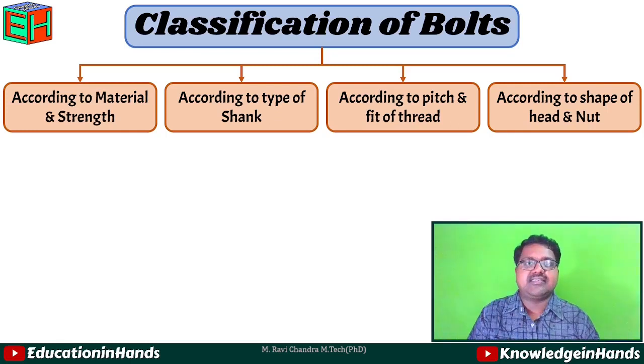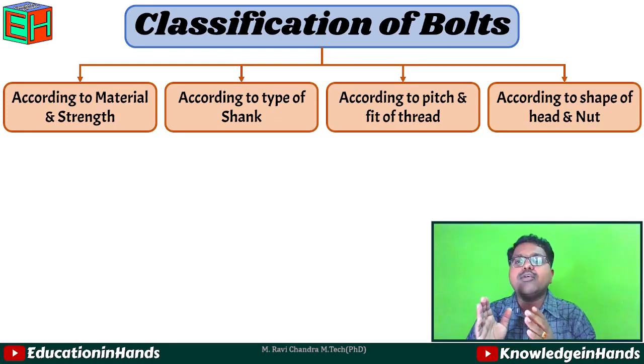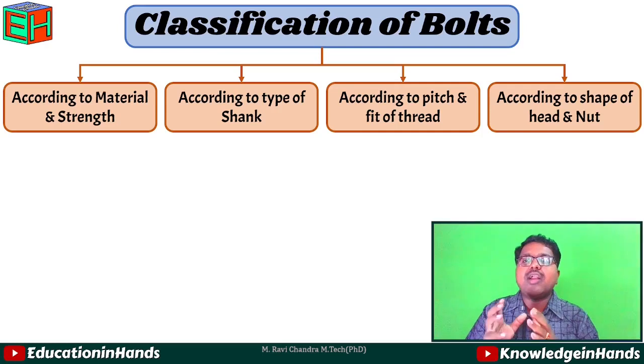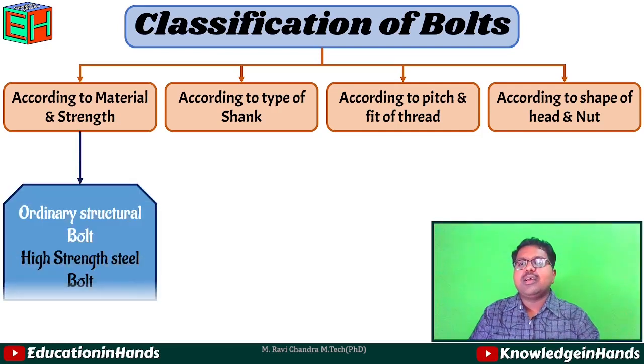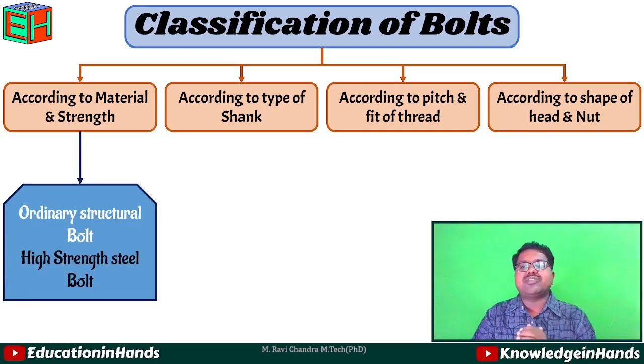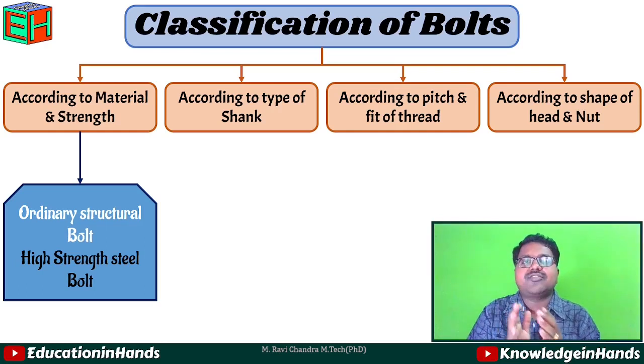The first one is classification of bolts according to material and strength. According to material and strength, bolts are classified as two types, that is ordinary structural bolt and high strength steel bolt.